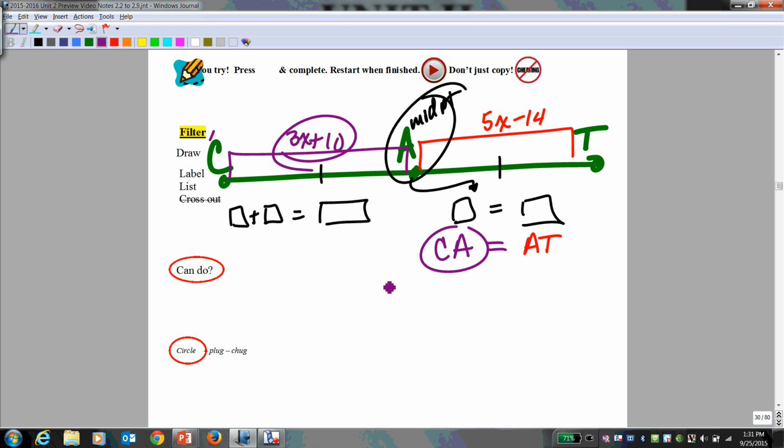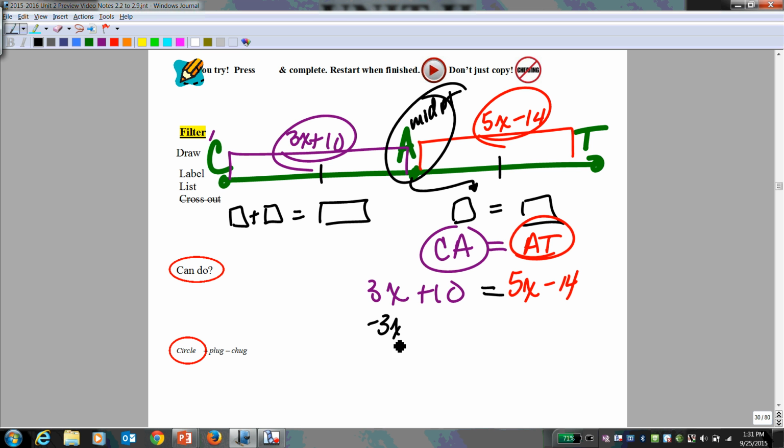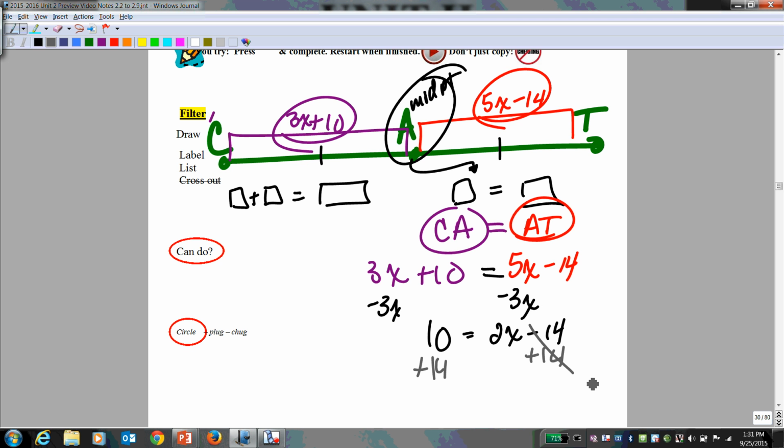Circle, plug, chug. And you solve. We get x equals 12.